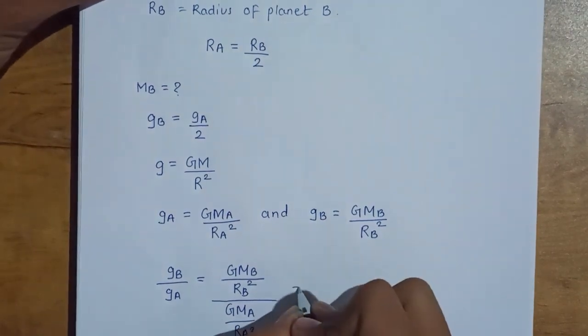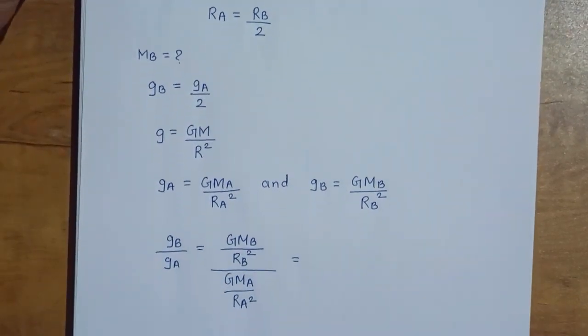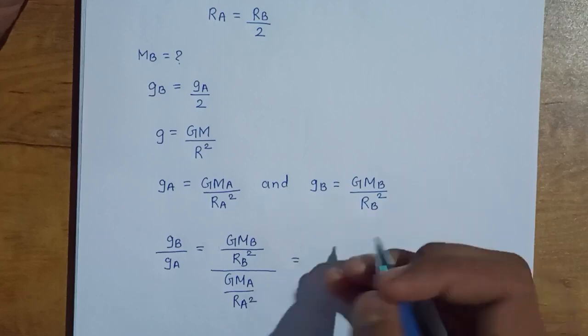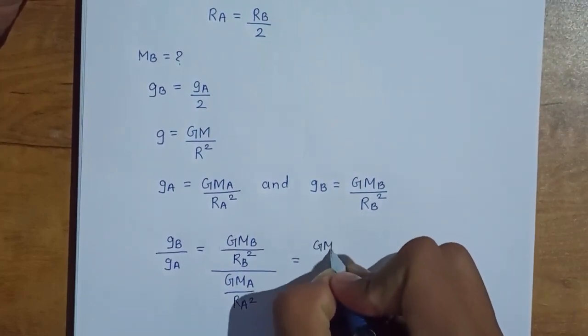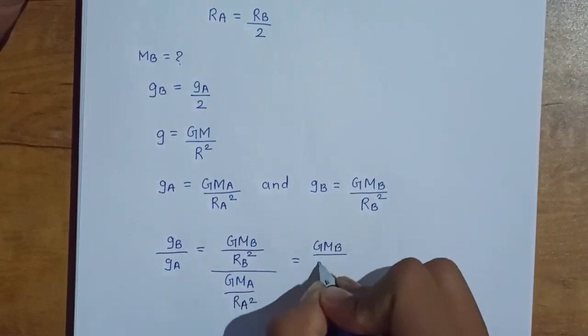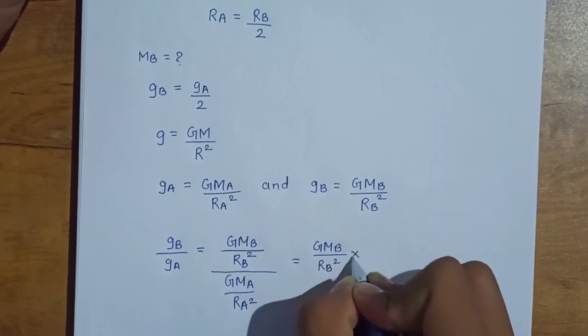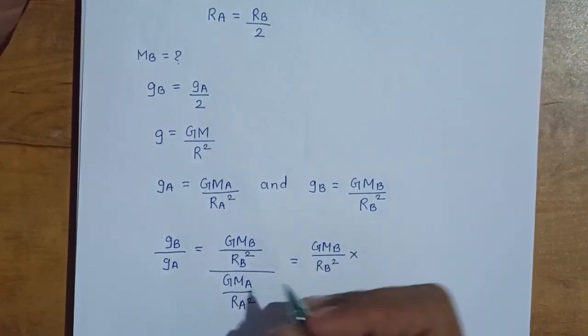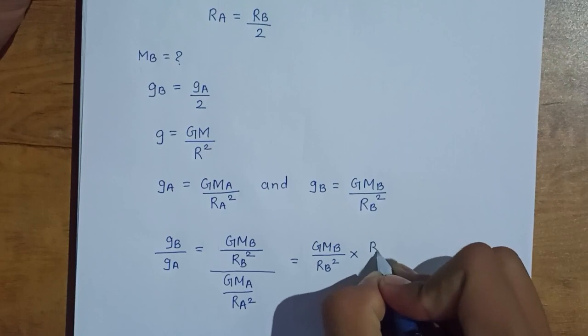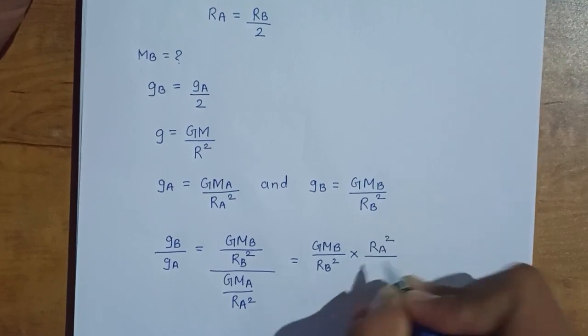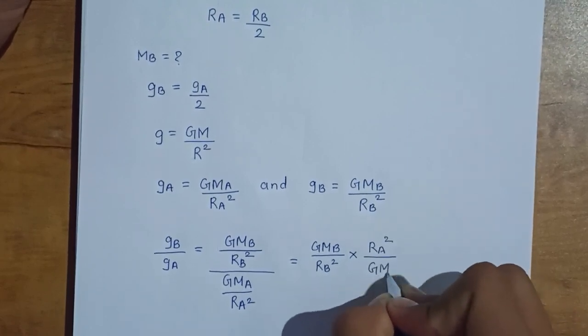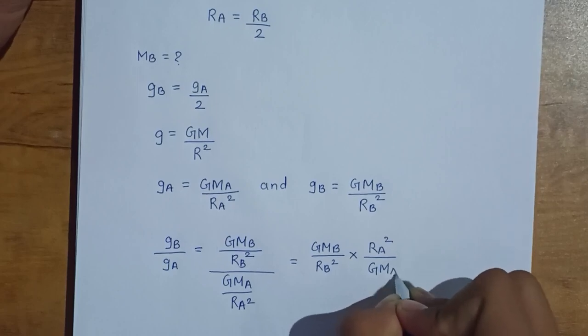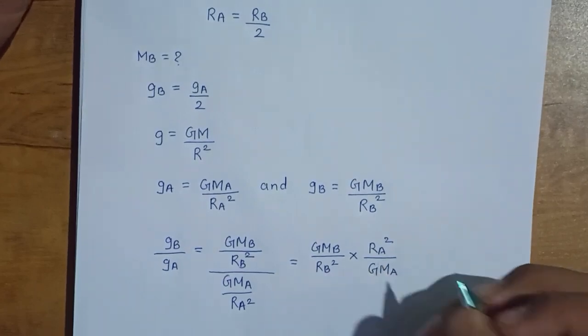So this will go upside and it will become Gmb divided by Rb square into the inverse, Ra square divided by Gma.